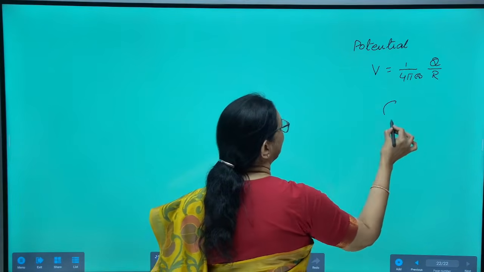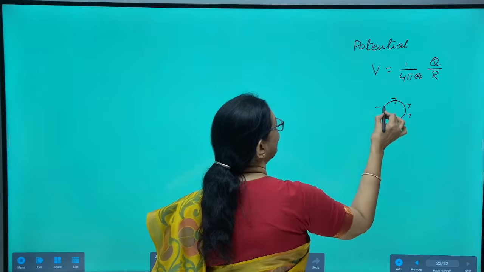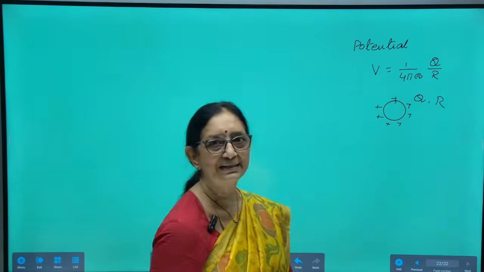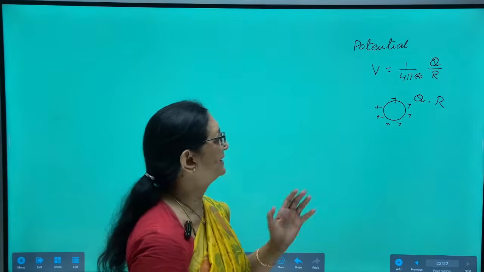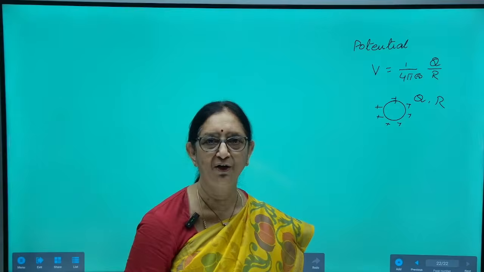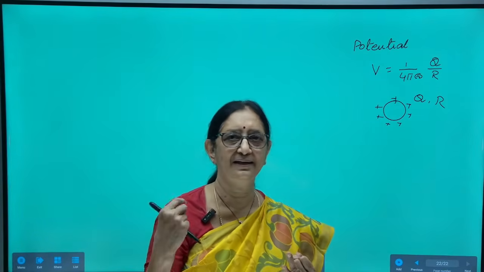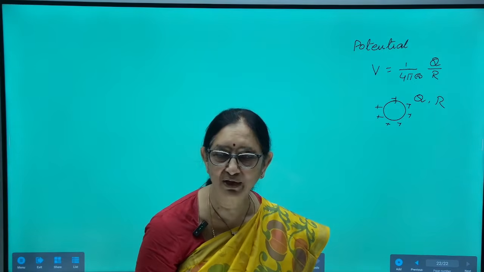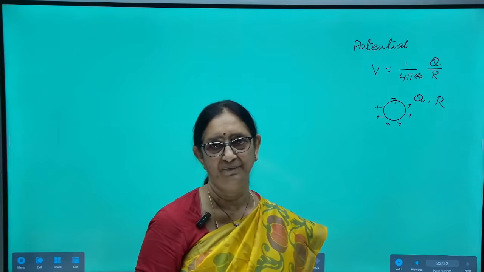See here, this is a conducting sphere having charge q, radius r. Then the potential on the surface of that charged sphere is 1 by 4 pi epsilon naught q by r. That we know. And we are just recalling the fundamental principle involved in the conduction method of electrification.